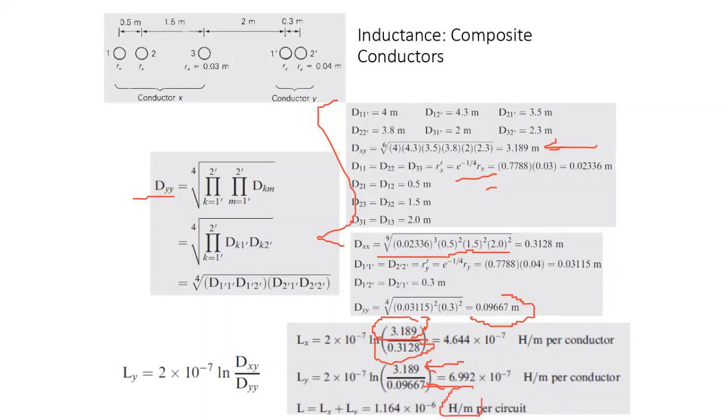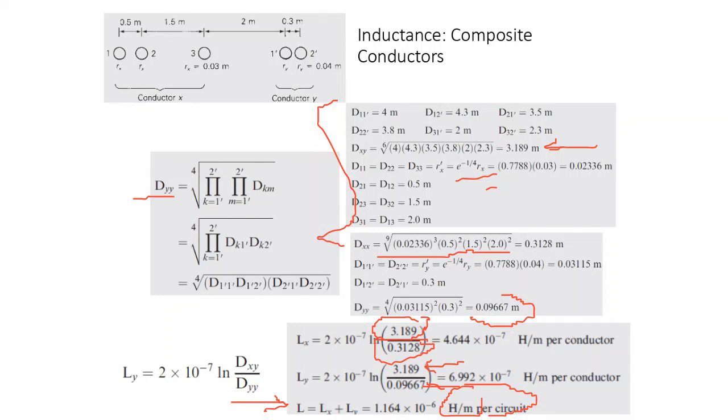Okay, no problem, per circuit. This is the total thing here you will put. And then you multiply it by the frequency, 2 pi f, to get the X. And this is the X that you put on the circuit when you calculate the load flow. That's what you put on the circuit.